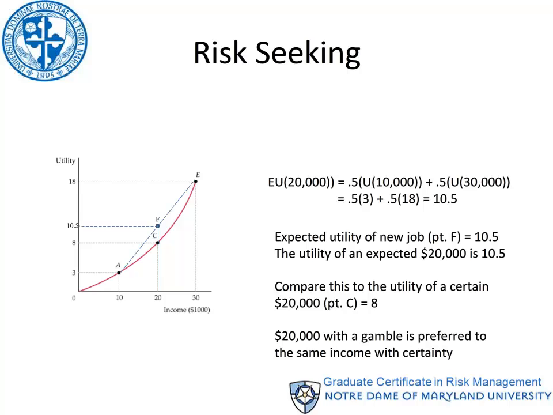Its utility is now 10.5. Compared to the utility of $20,000 for a certain utility of 8, the gamble is now preferred. This person is risk-seeking, sometimes called risk-loving. She prefers the gamble to the certain income.